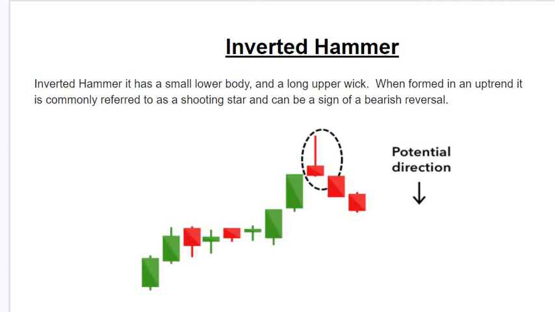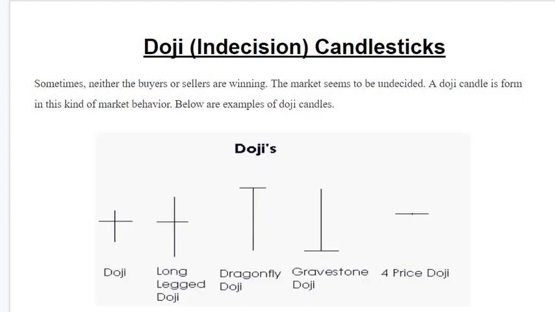Now we're going to be moving on to different types of candlesticks. They're not going to be bullish or bearish. So dojis, aka indecision candles. Sometimes neither the buyers or the sellers are really winning. The market as a whole is kind of undecided, and when this happens, a doji candle is formed.